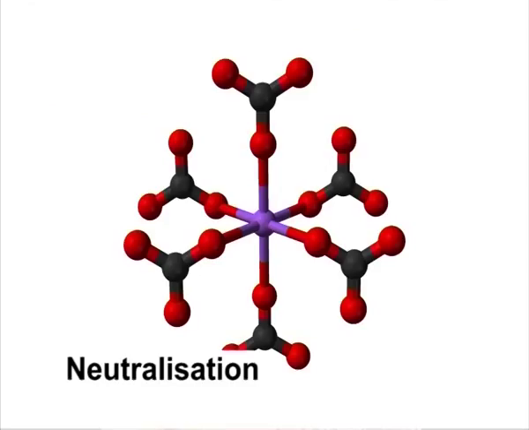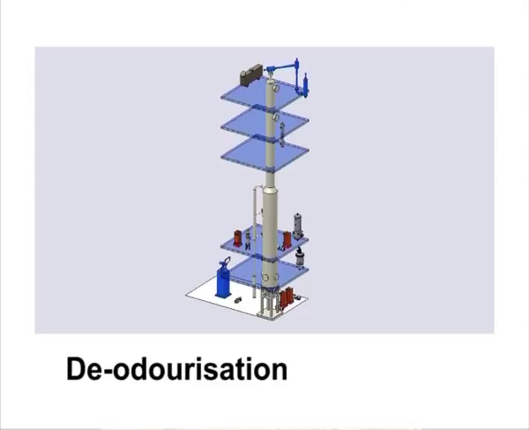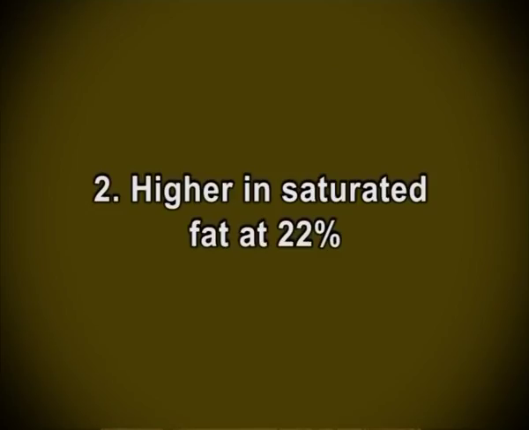That's followed by neutralization, bleaching, winterization and deodorization steps, as with most other oils. This creates refined and stabilized oil, bringing about long shelf life and high smoke point. However, what you lose is the naturalness of the oil. Number 2.